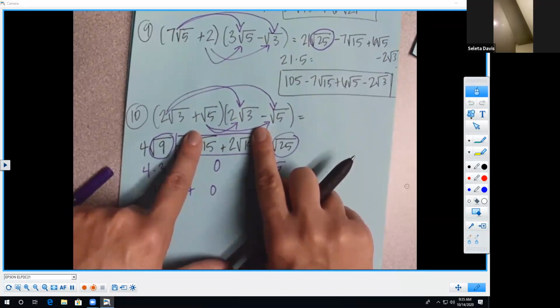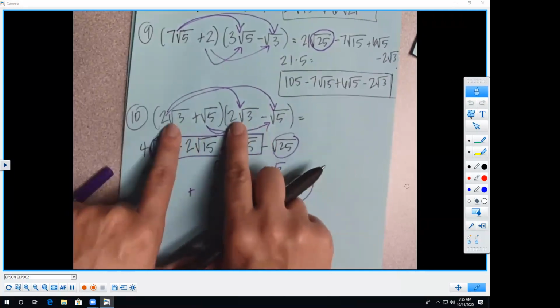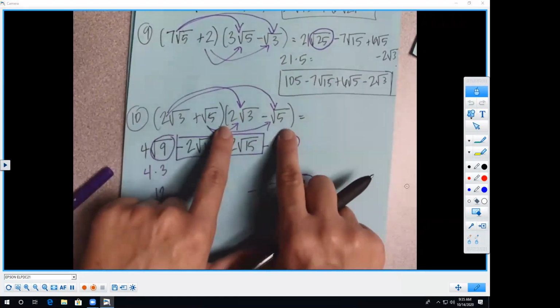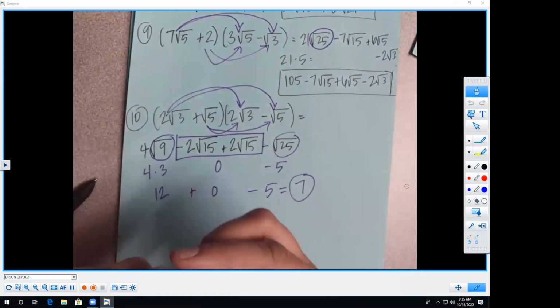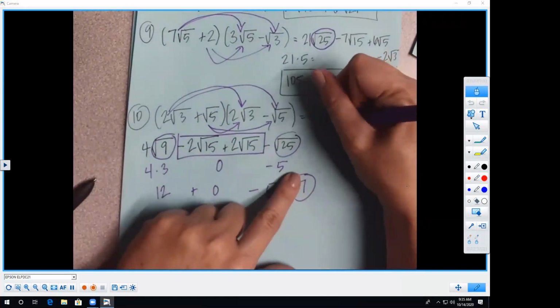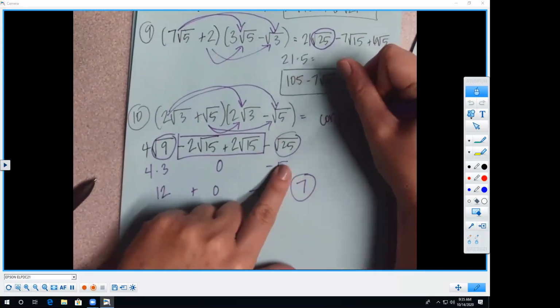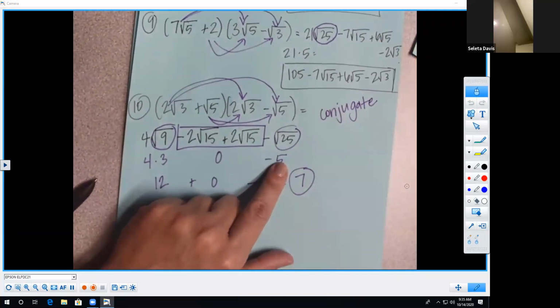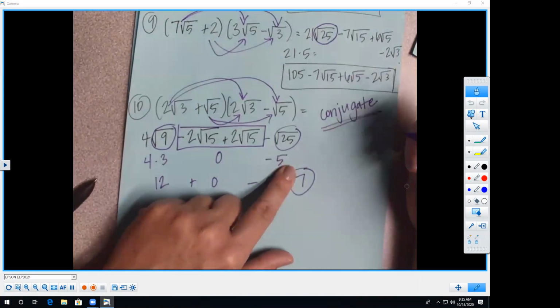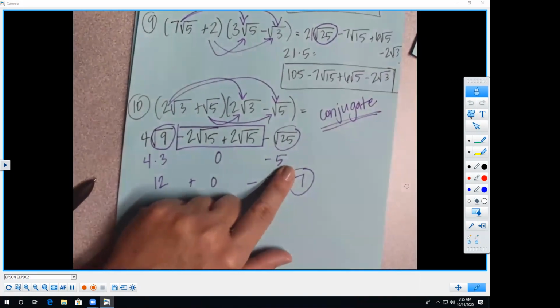It's essentially the difference of 2 squares, right? The first term is the same. The last term is the same. One's a plus, one's a minus. This is called the conjugate. A conjugate is the same thing, but the different sign.